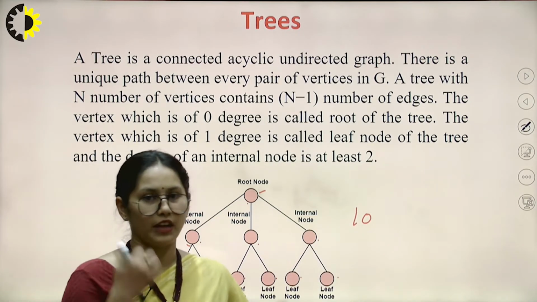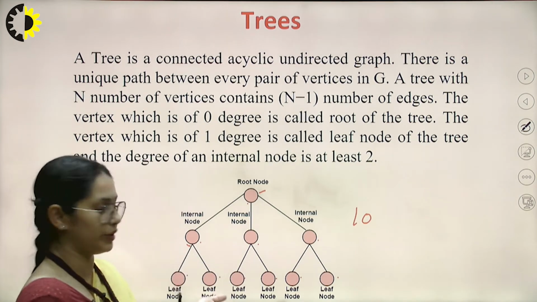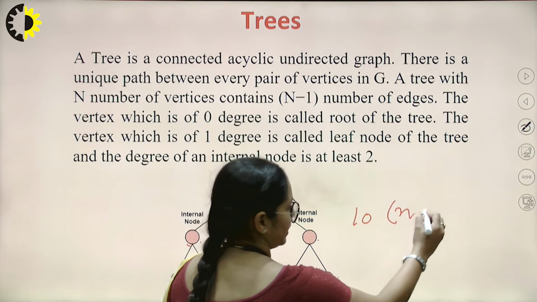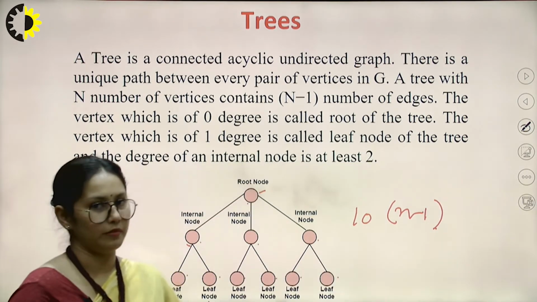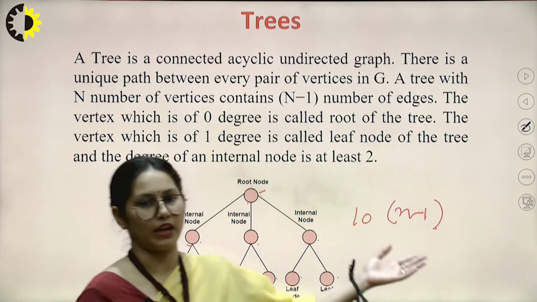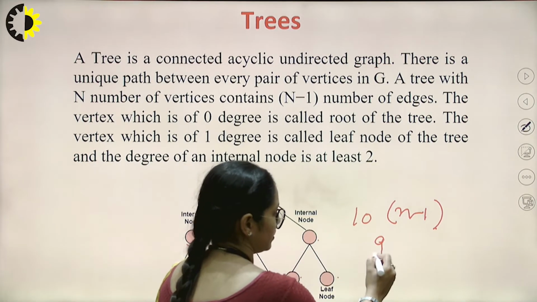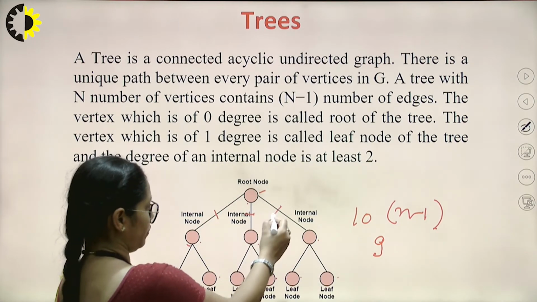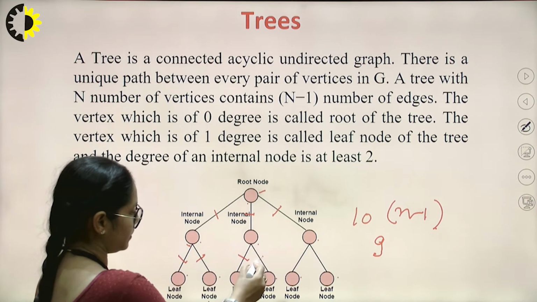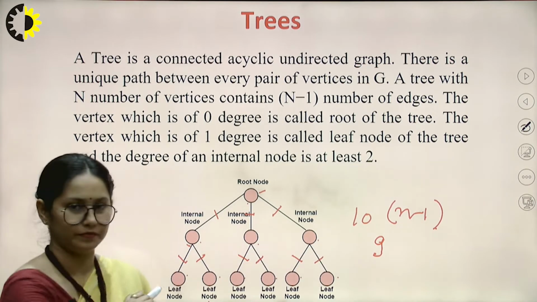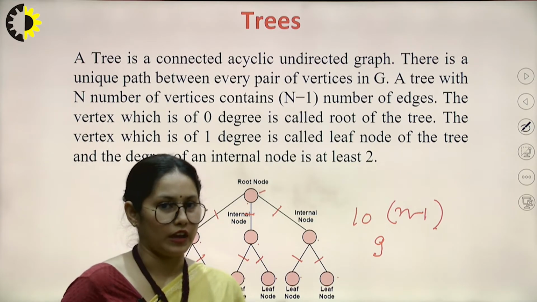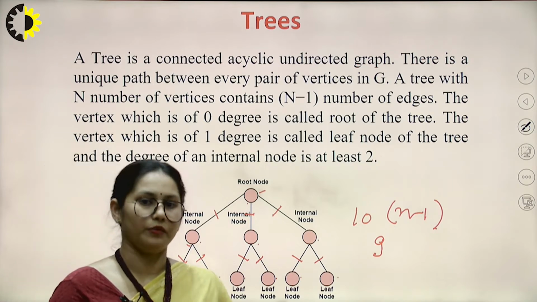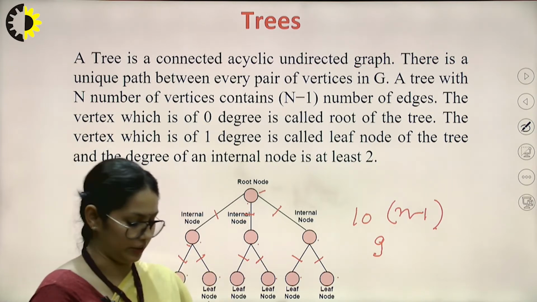If you have n vertices, there are n minus 1 edges. So n minus 1 here is 10 minus 1, that is 9 edges. Where are those 9 edges? That is 1, 2, 3, 4, 5, 6, 7, 8 and 9. So if you have to calculate the edges, you need the number of vertices. There is a simple formula for this.